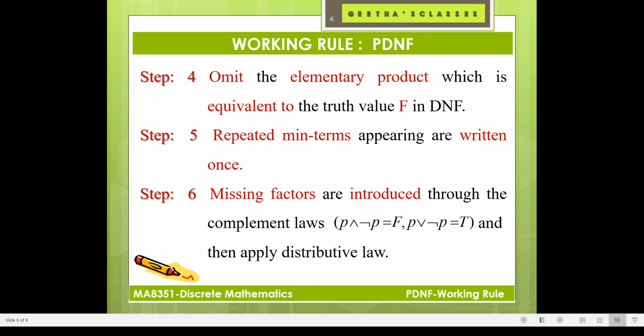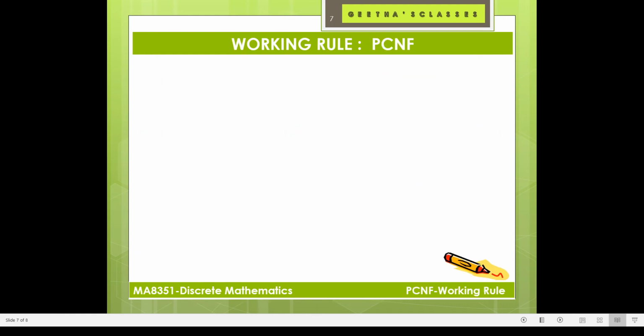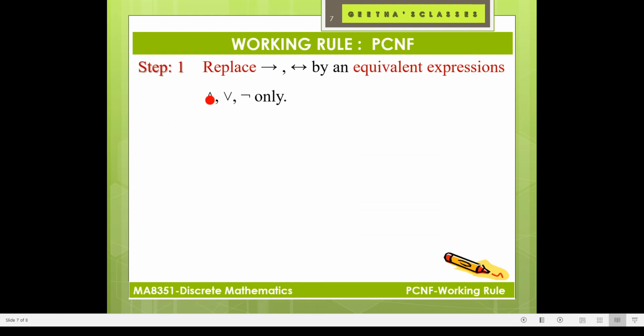Now we have to move on to PCNF. Step 1 and step 2 are the same as in PDNF. So replace implies and if and only if by an equivalent expression using AND, OR and negation only.